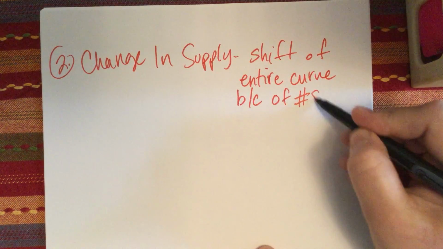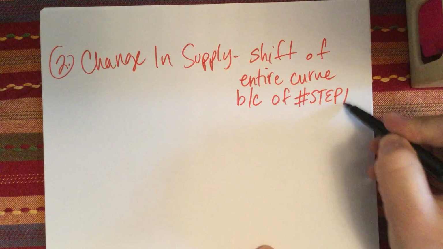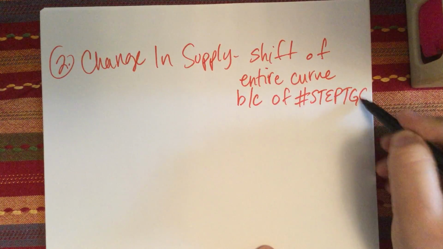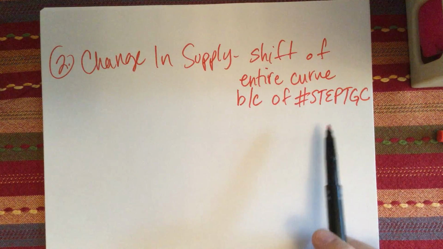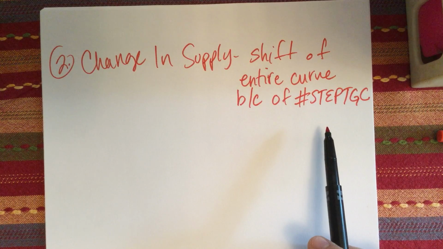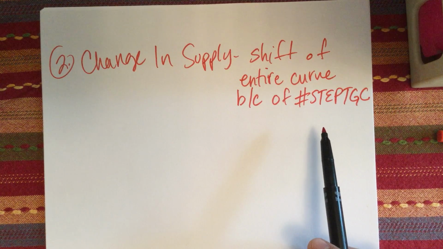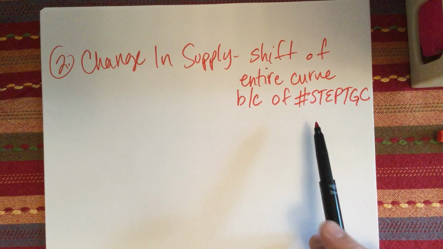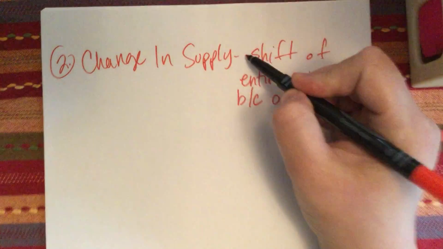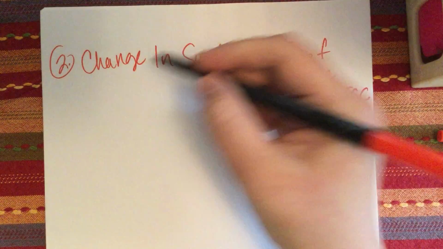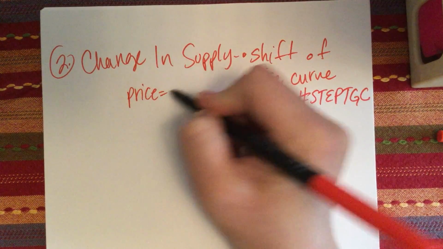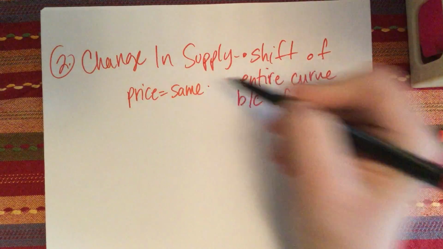We're going to say hashtag, this is what we used in my prior classes, and since we're not in class to come up with a new acronym, I'm just going to use this acronym that we used before. So this is a shift of the entire curve. This is where price stays the same, but it's something else that's changing.